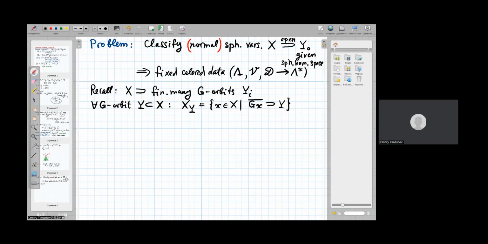So essentially we take the union of all orbits containing y in their closures. This is x sub y.